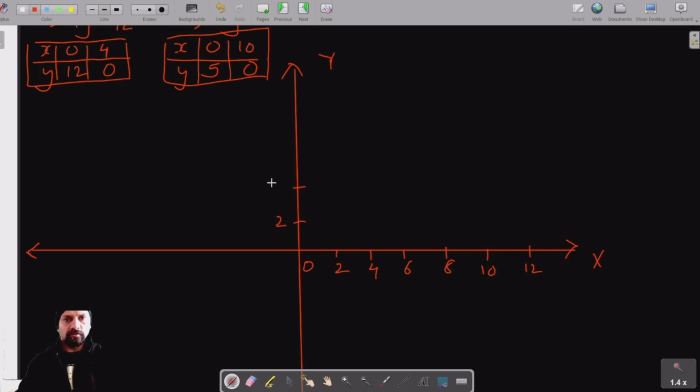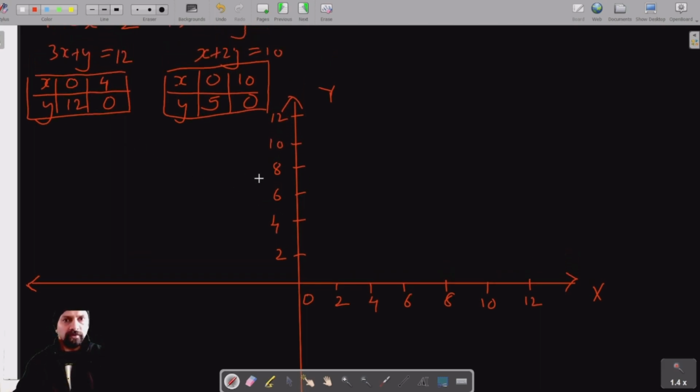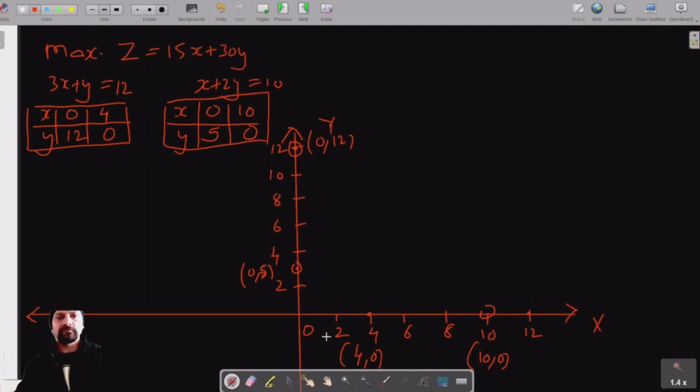This is 2, 4, 6, 8, 10, and 12. Now for the first one, sorry, 0 comma 12 is here, and 4 comma 0. Next one is 0 comma 5, and next is 10 comma 0. Okay, let's join these points.